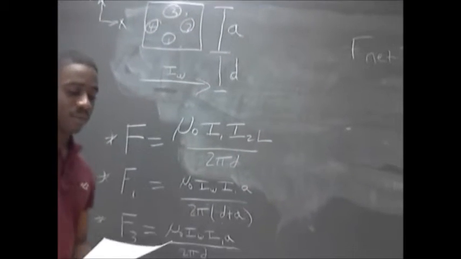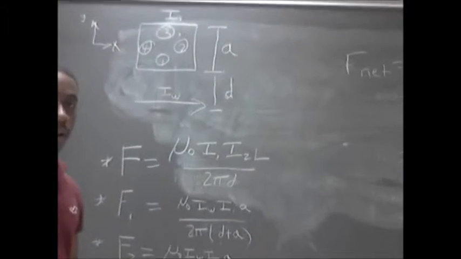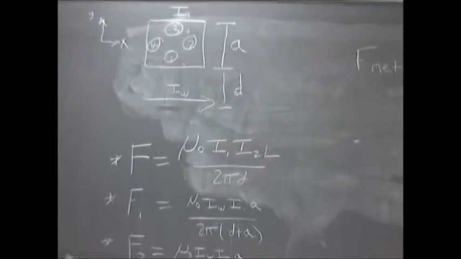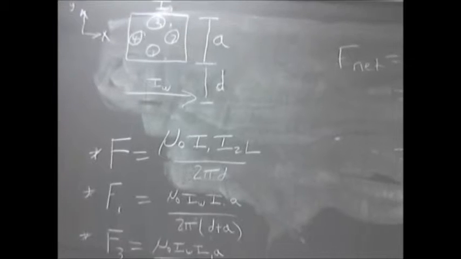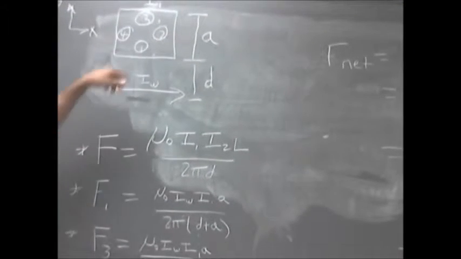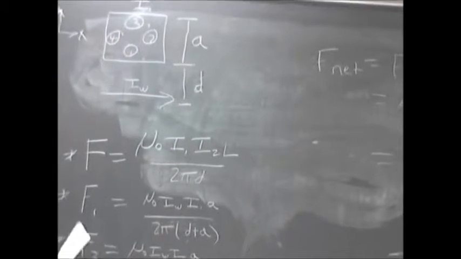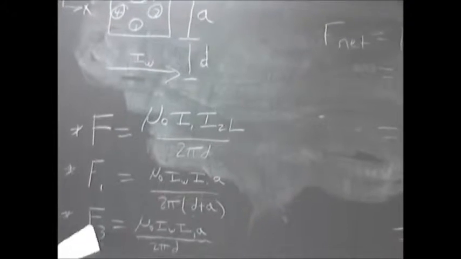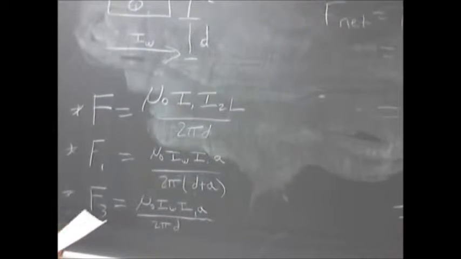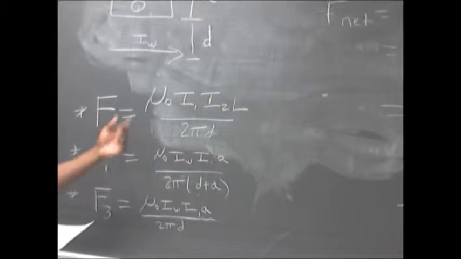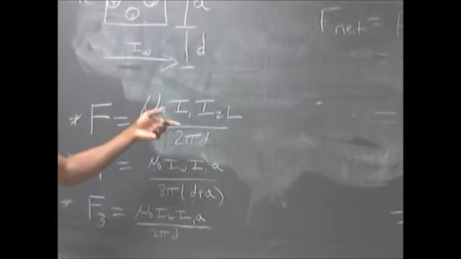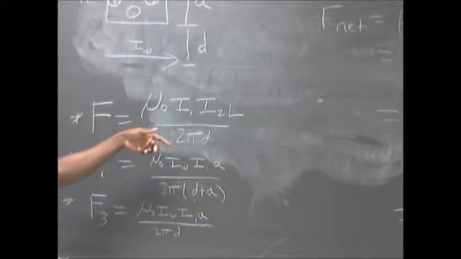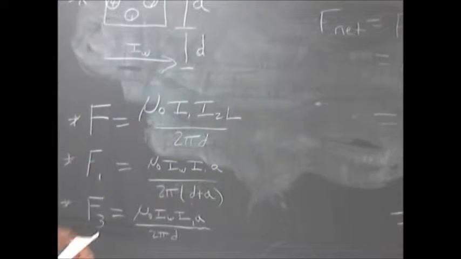Alright, so we're trying to look for the force between two wires carrying the current. From our diagram, we know that 2 and 4 cancel each other out, and so we're just trying to look for 1 and 3. Our initial equation for force on a wire is F is equal to mu naught times I1 times I2 times L, which is length, over 2 pi times the distance between the wires.